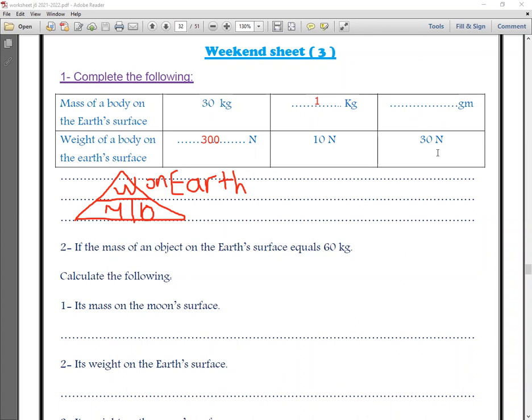Here, the last one, I give you the weight of the body. Weight of the body is 30 Newton, but I need the mass. So hide the mass. Mass equals 30 divided by 10, so it equals 3 kilograms.